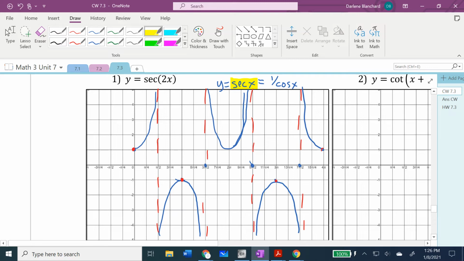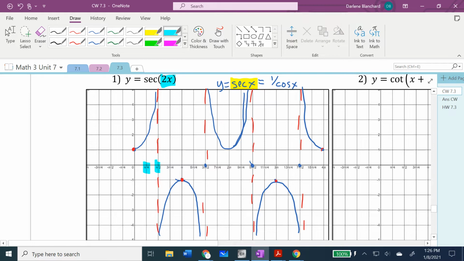I want to draw secant of 2x. So when my x is multiplied by 2 in the equation, the graph is going to take the current x values and divide them by 2, and you get squished toward the y-axis. That means that my vertical asymptote here at pi over 2, I'm going to divide pi over 2 by 2. That'll give me pi over 4.